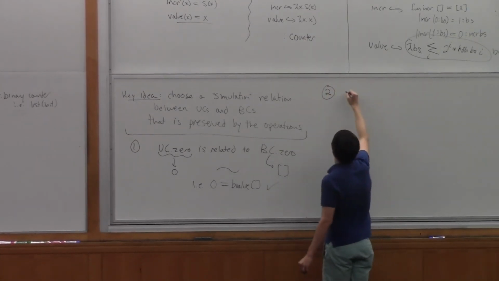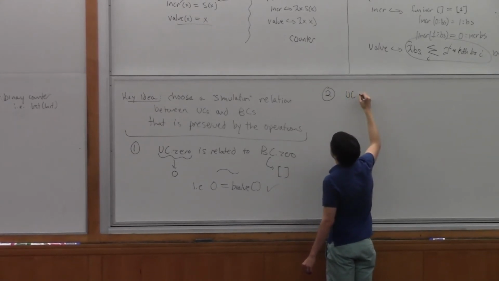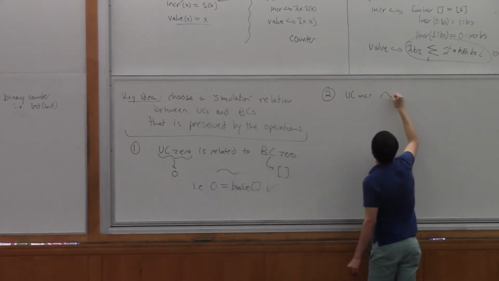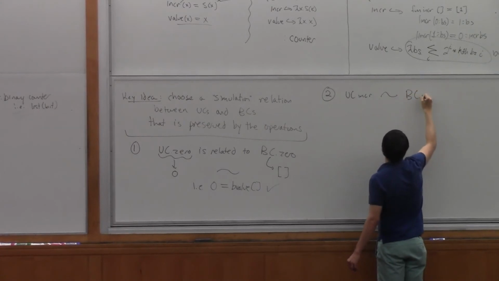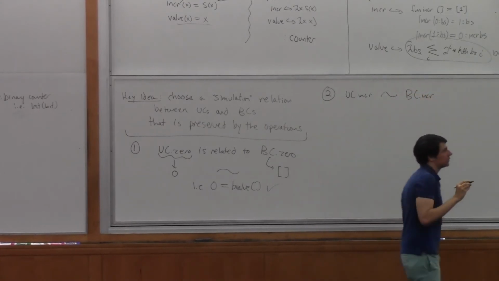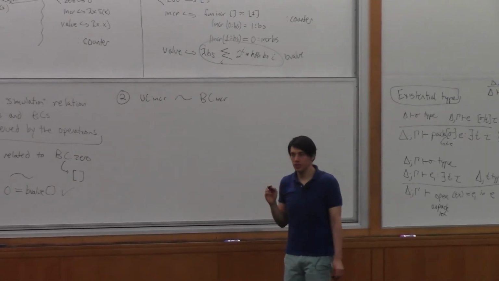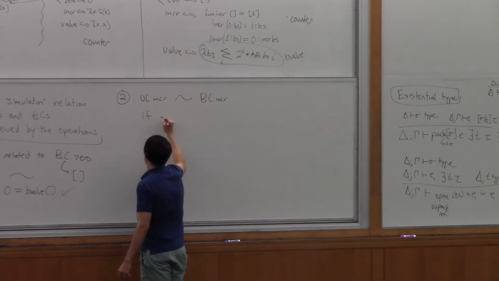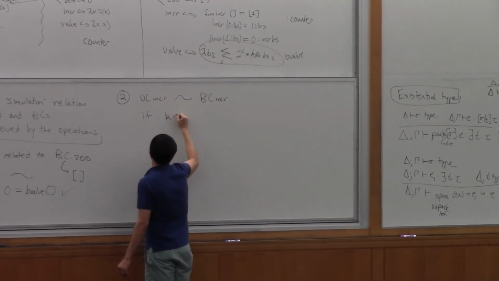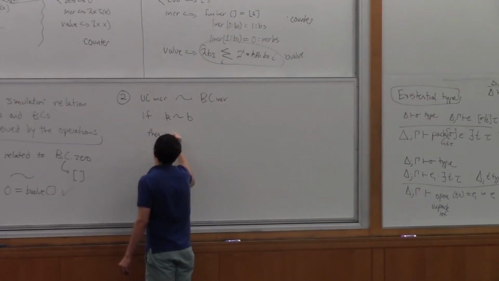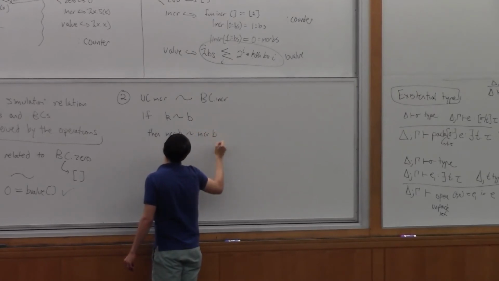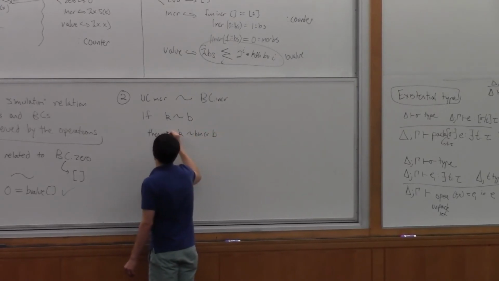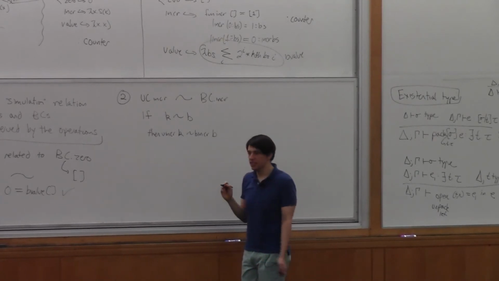Point 2: what does it mean for the unary counter's increment to be related to the binary counter's increment? It means if k is related to b, then incrementing k is related to incrementing b, where that's the binary increment and that's the unary increment, right?